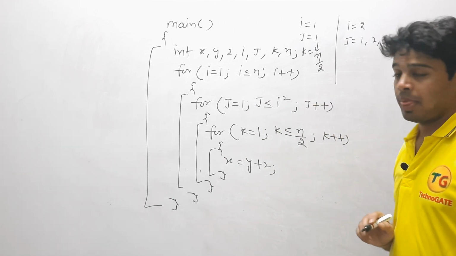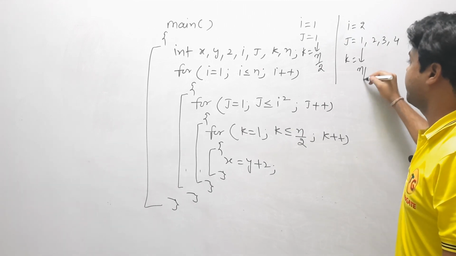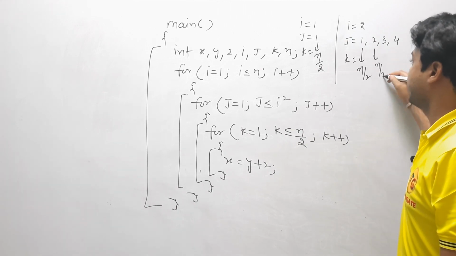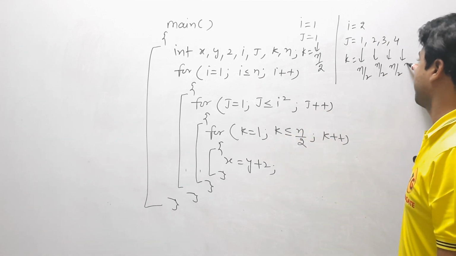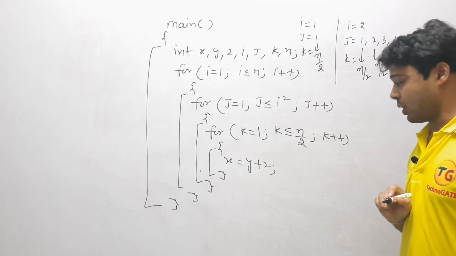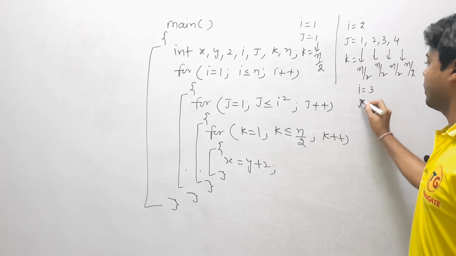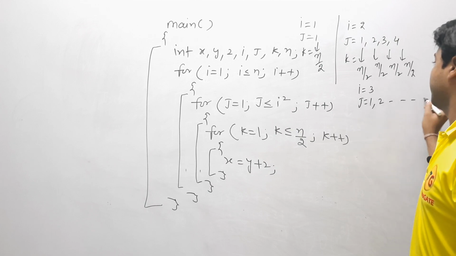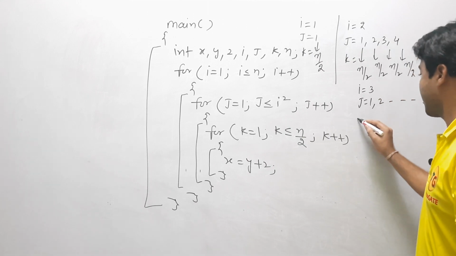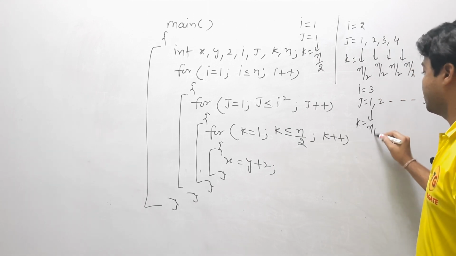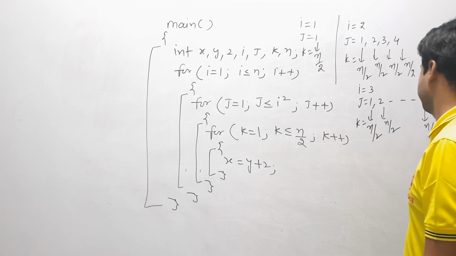So for each value of j, k will execute n by 2 times maximum. Now suppose i is 3, then j will execute 1 to i square, means 3 square, 9 times. So k will execute n by 2 every time.